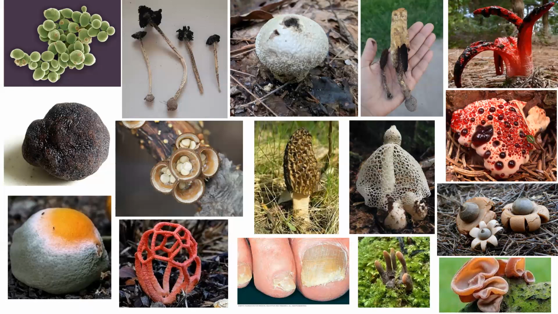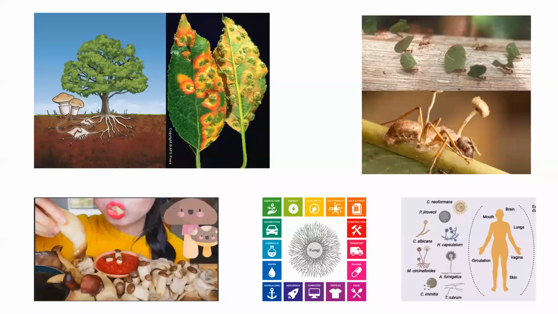The biodiversity of form is just really, really impressive in the kingdom fungi. And the ecology of fungi is equally diverse and equally complicated. Some fungi are beneficial for plants. As you see here, there's a lot of symbiotic fungi.